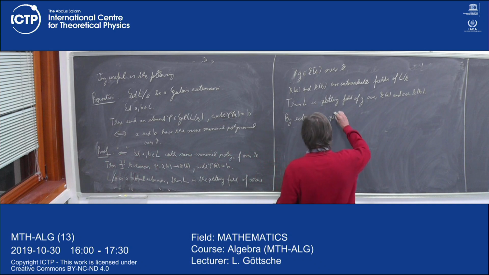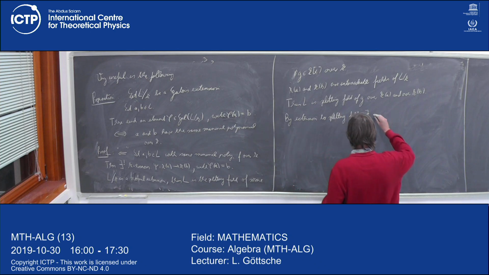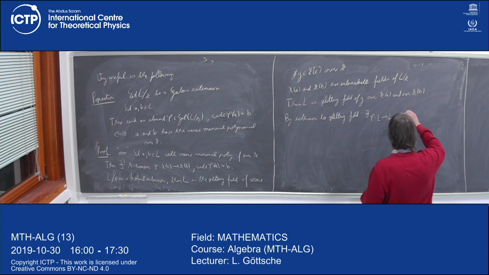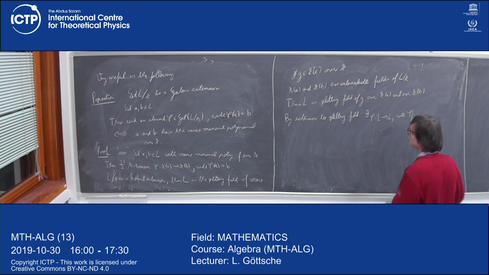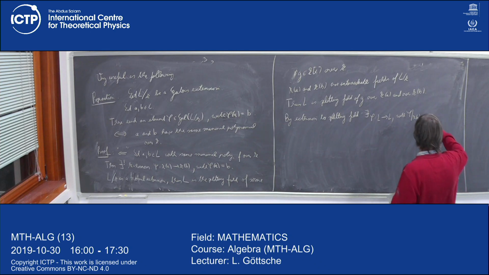By extension to splitting fields, there exists a map, say phi, which will turn out to be our phi, from L to L, with phi restricted to K(A) equal to psi from K(A) to K(B).